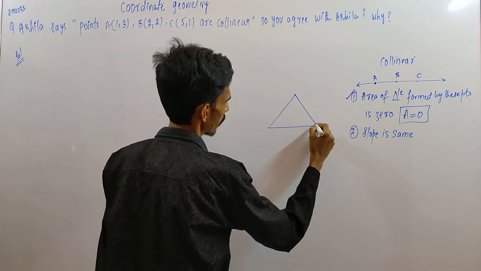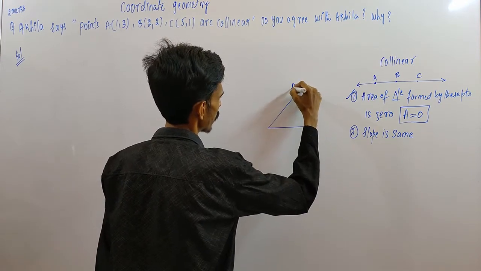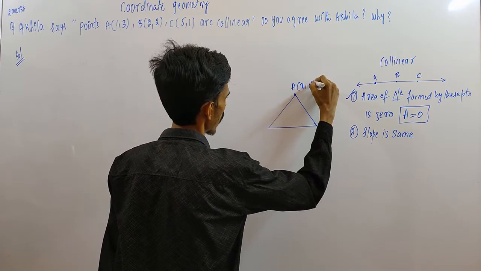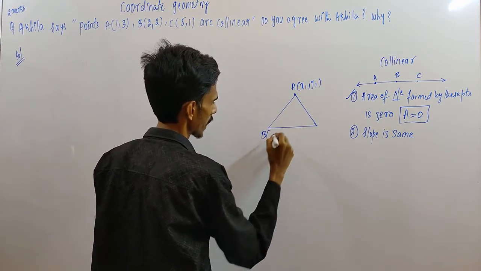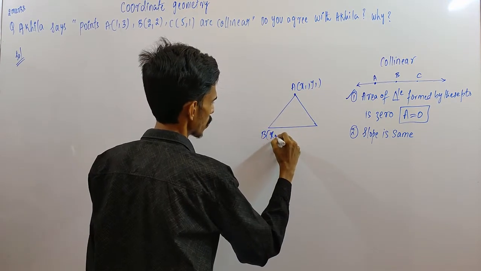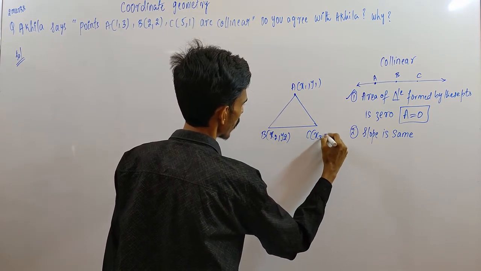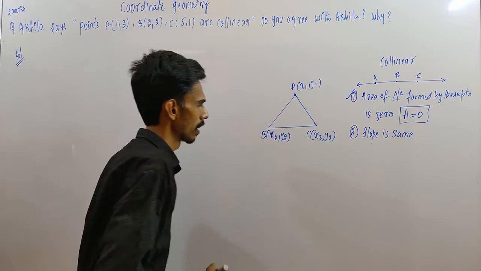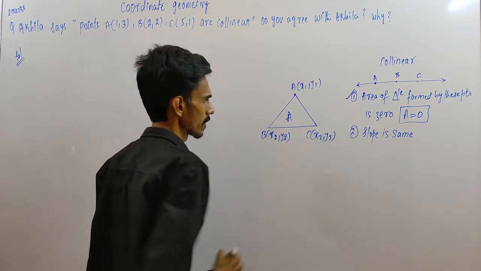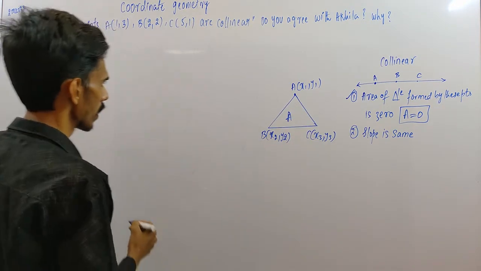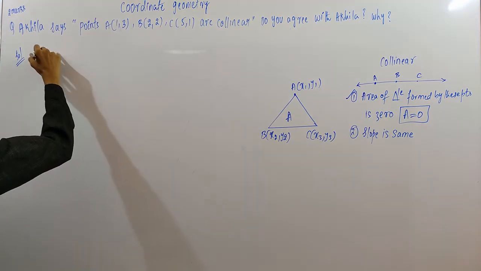Let us take a triangle with vertices: first vertex x1, y1, second vertex x2, y2, third vertex x3, y3. The area inside this triangle can be found by using a formula.